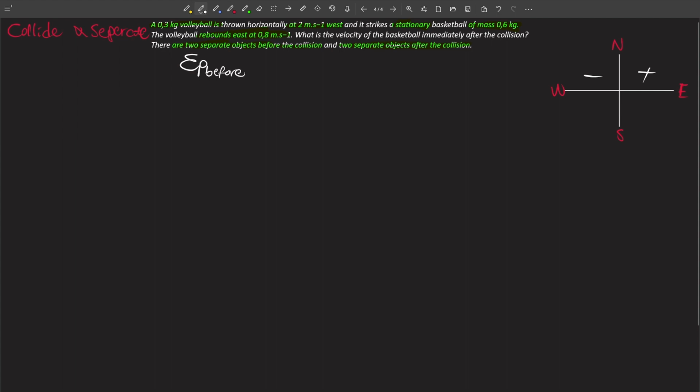We'll have before collision and after collision, which is just mass of the volleyball by initial velocity of the volleyball plus mass of the basketball by initial velocity of the basketball is equivalent to mass of the volleyball by the final velocity of the volleyball plus mass of the basketball multiplied by the final velocity of the basketball.